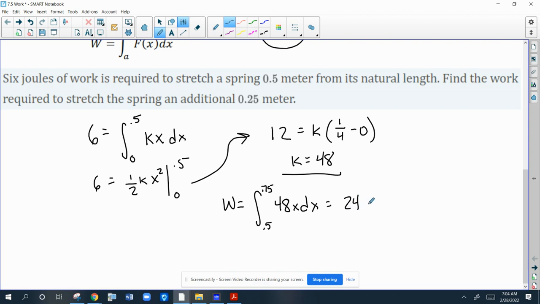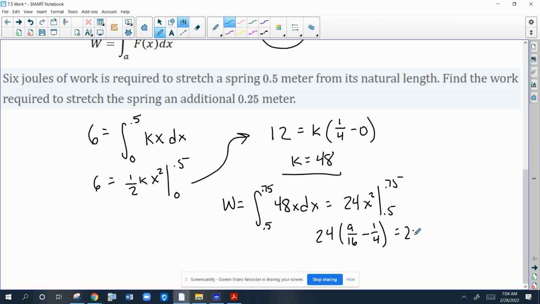So this would be 24 x squared integrated from 0.5 to 0.75, or just 24 times 0.75 squared, which is 9 sixteenths, 3/4 squared, right? Yes. Minus 1/2 squared is 1/4.